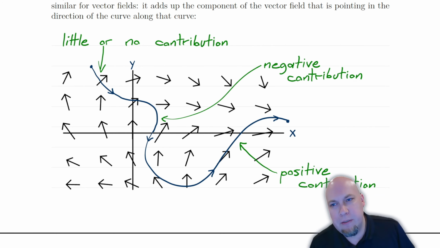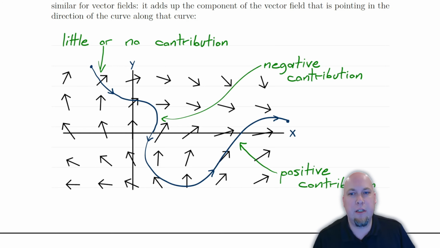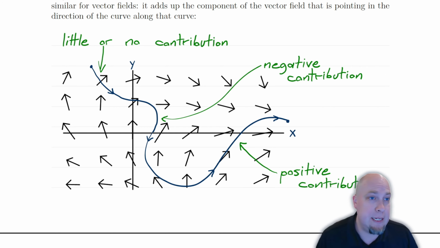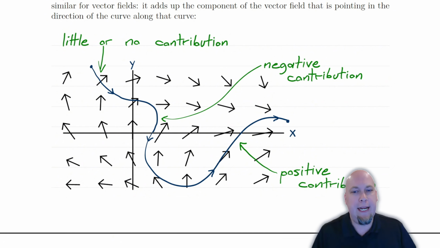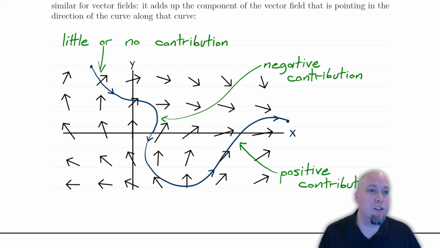At each point along this curve, I ask the question: are the path and the vector field pointing in the same direction or the opposite direction or perpendicular to each other? How much are they pointing in the same direction?